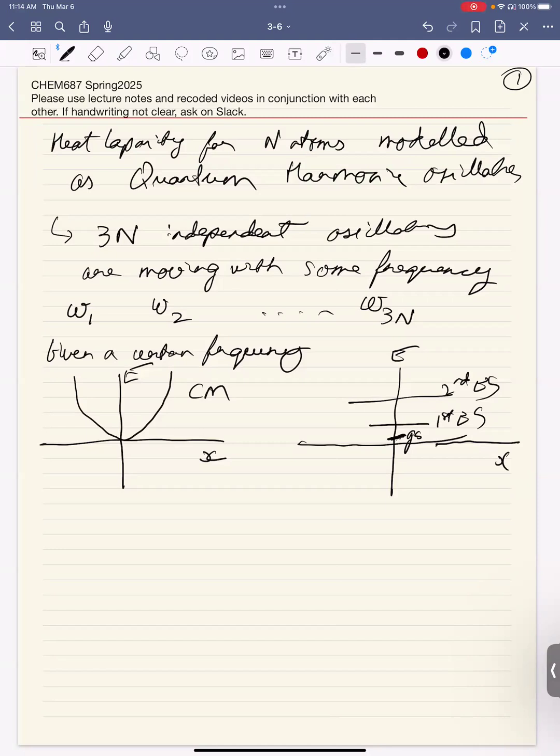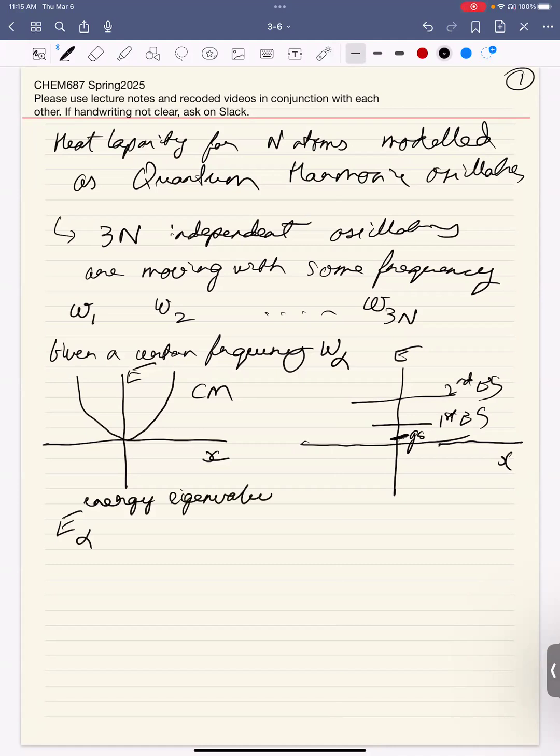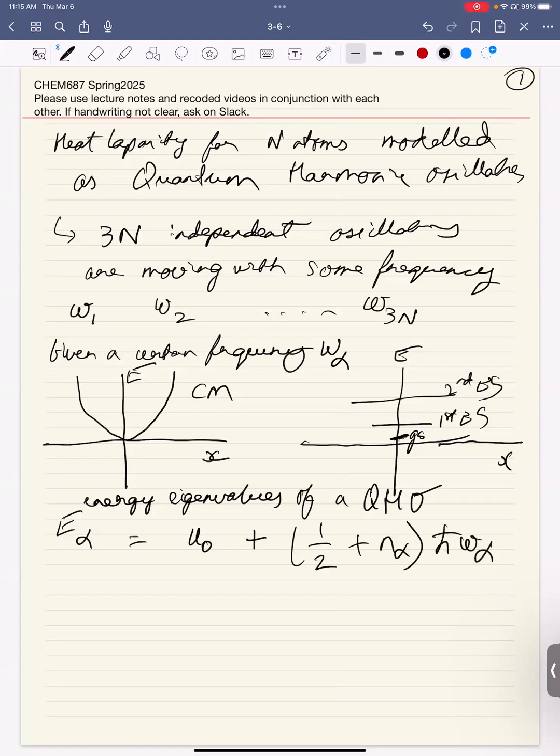All we care for is that given a certain frequency omega alpha, the energy eigenvalues of a quantum harmonic oscillator, E alpha, is equal to U naught, which is some binding energy of the crystal, plus half plus n alpha multiplied by h-bar omega alpha.